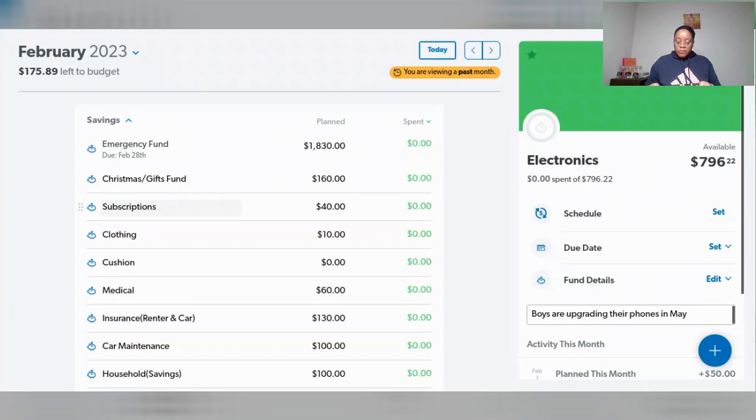So I started out with 1830, and I'm adding 175.89. I'm checking on paper to see if I changed something up.